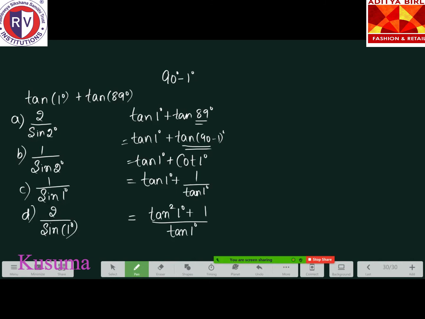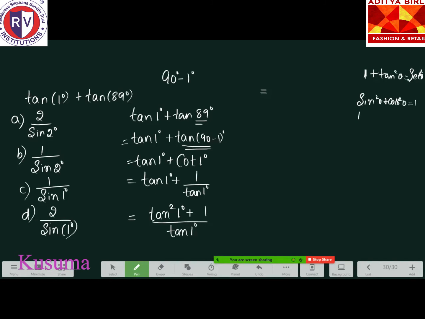Now we know what is 1 plus tan square theta. What is 1 plus tan square theta? It is secant square theta. Okay. 1 plus tan square theta is secant square theta. See, we have sin square theta plus cos square theta is equal to 1.